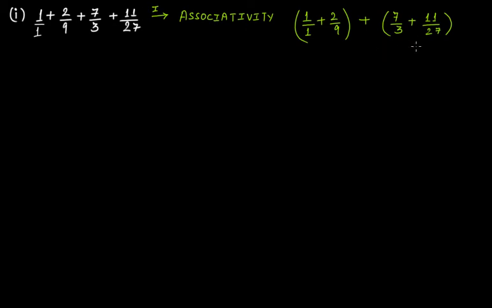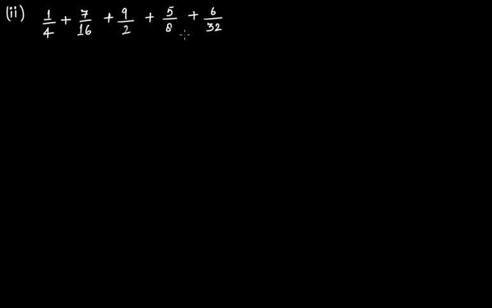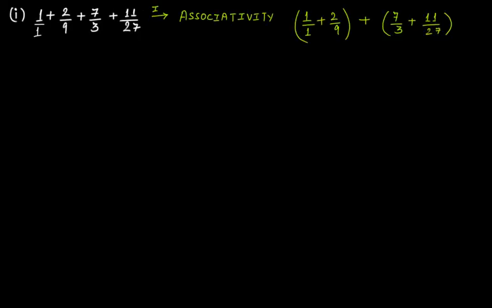So this is associativity. Now, if you follow this associativity path, it will increase your number of steps. I'll show you why I'm saying that when we solve this problem.